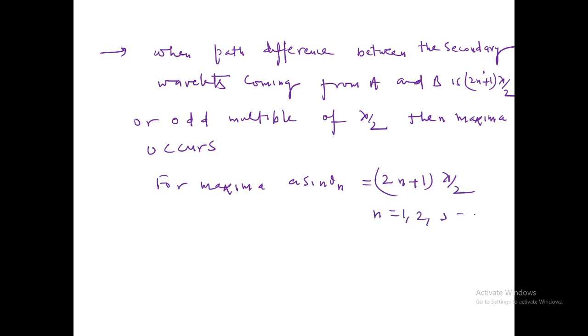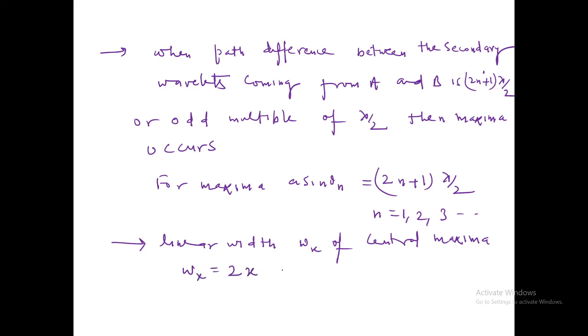One more term is defined as the linear width Wx of the central maxima, and Wx is equal to 2x, which implies that 2x is equal to 2 lambda D upon d.